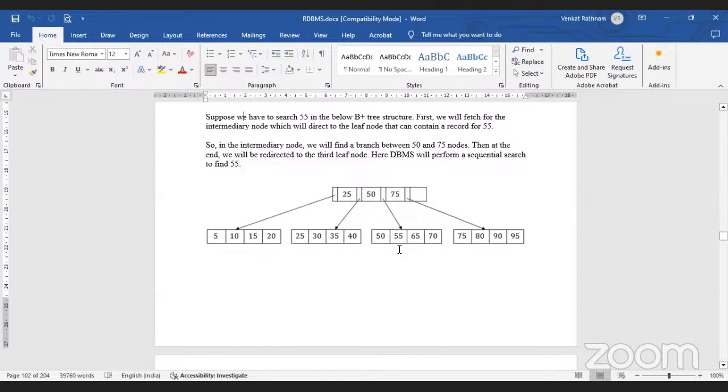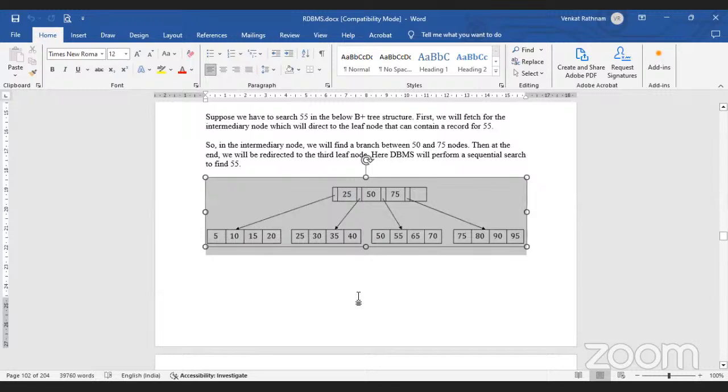There is no space to insert another value. But I want to insert one more value. What should I do? How can I insert? There is no space. This leaf node is also filled. This leaf node is also filled. How can I insert one more value? It is already a balanced tree.